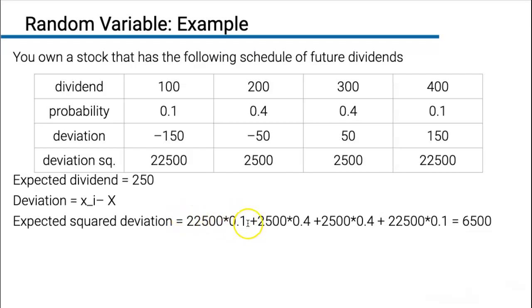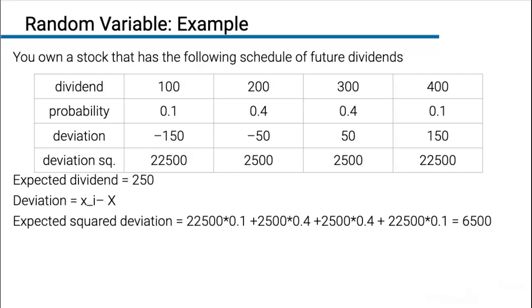So this is the meaning of the first term. And then there are two terms in the middle where the square deviation is 2,500 and probability is 0.4. And finally, the last term has a square deviation of 22,500 and probability of 0.1. That gives me an expected square deviation of 6,500.